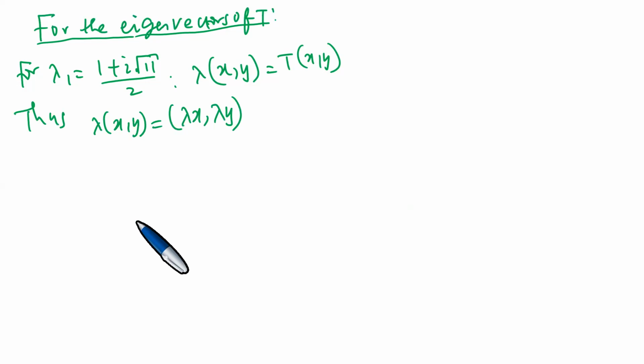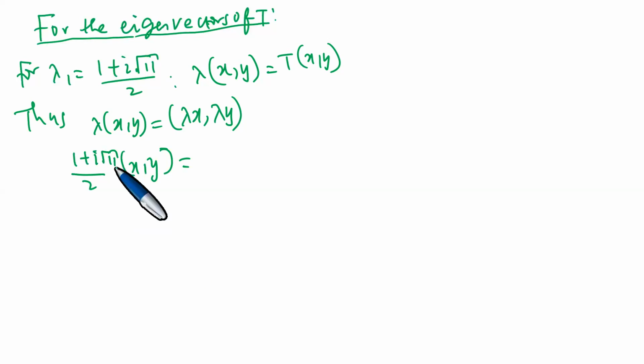Right, so now, what does this mean, for example? It would mean a couple of things, but at this point we would have this vector, which is 1 plus i square root of 11 divided by 2 into xy. And what is all this? You allow this complex number to multiply straight into the vector.